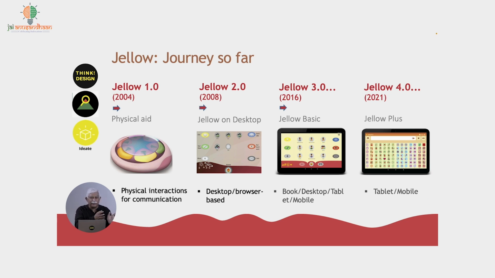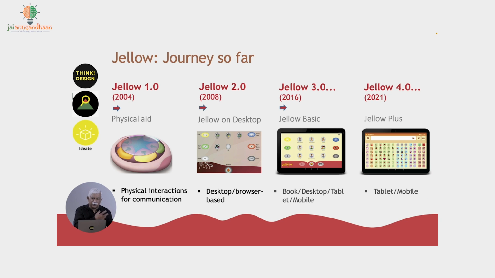So if you look at it, we started with a physical version, then iteratively did a desktop version, then a Jellow Basic version, and then a Jellow Plus version. The first one was physical, the second one was available on desktop, it was browser based. The third one had many variations.